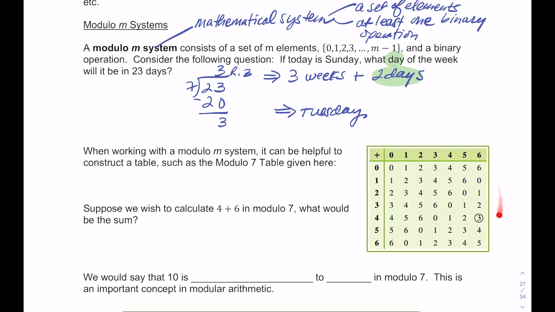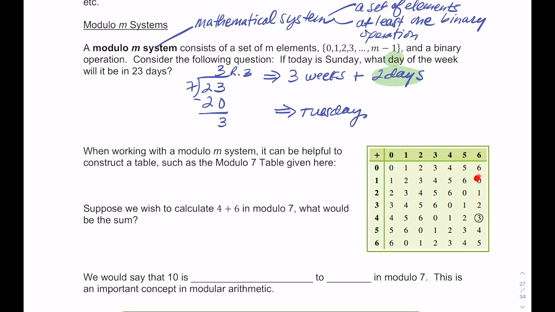This is what a modulo 7 table would look like. As you can see, in the first row and the first column, it's just the numbers 0 through 6, because if you add 0 to any of these numbers, you just get those numbers, right? And 7 goes into each of these numbers 0 times with those remaining.